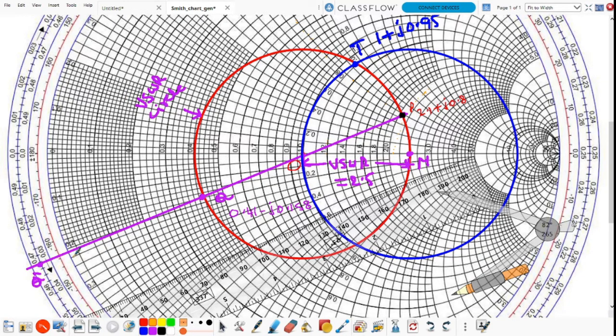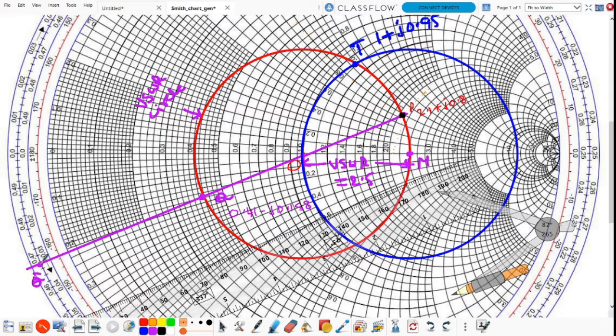So from the Smith chart, the location of the stub from the load can be determined by first extending the line OQ to the outer circle rim. That cutting point is point Q dash.